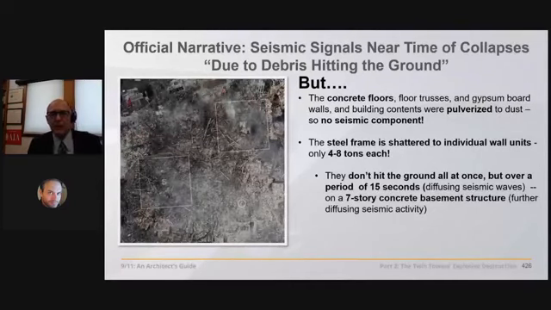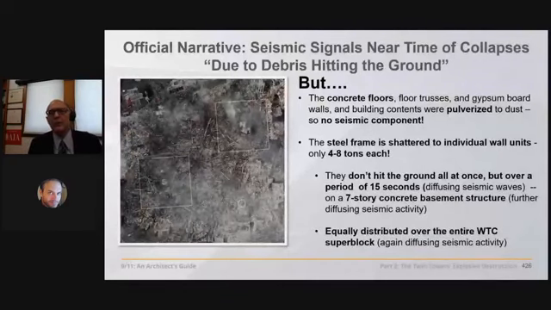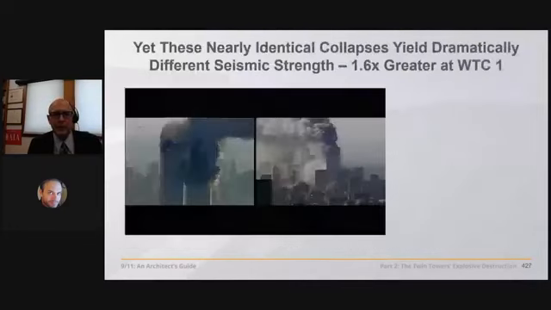And they're not hitting the ground at all. They're hitting a 7-story concrete basement structure, which surely would be dampening the seismic component even more. And they're equally distributed over this entire superblock. It's not like the building came down into its own footprint, causing a massive seismic event.